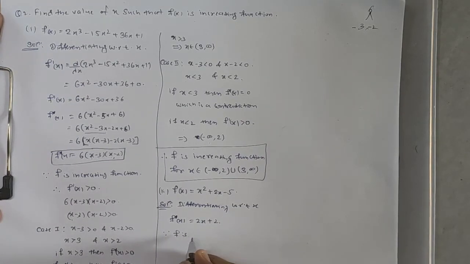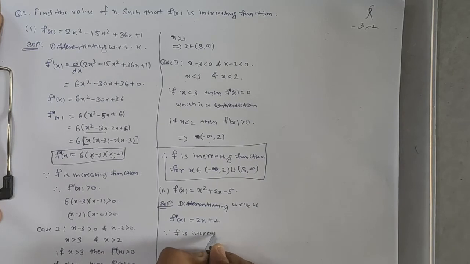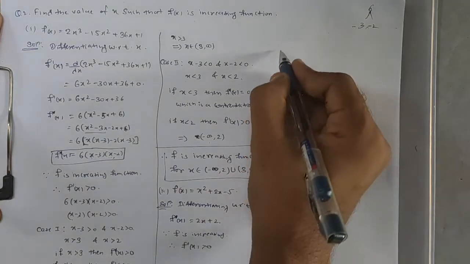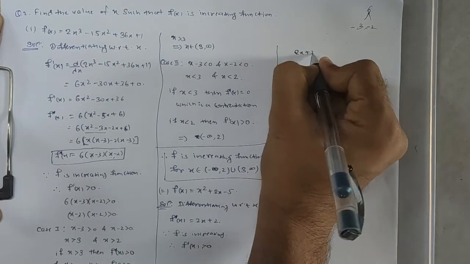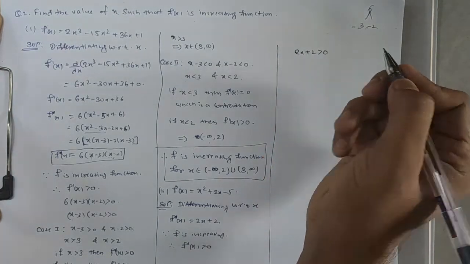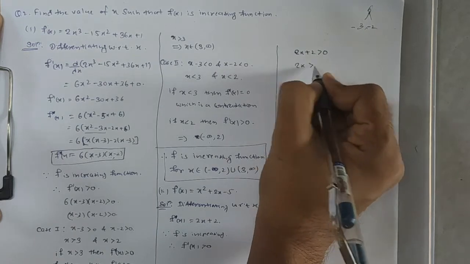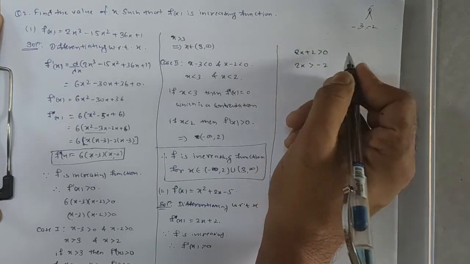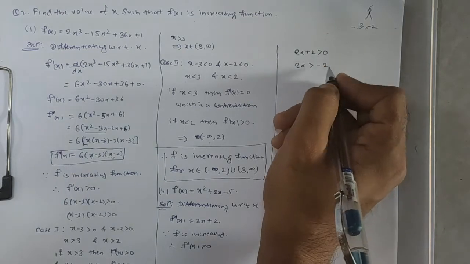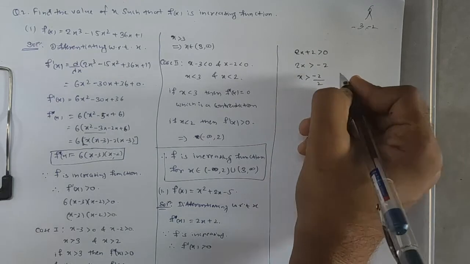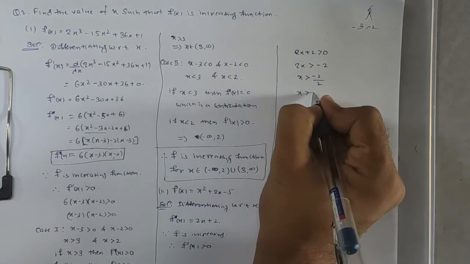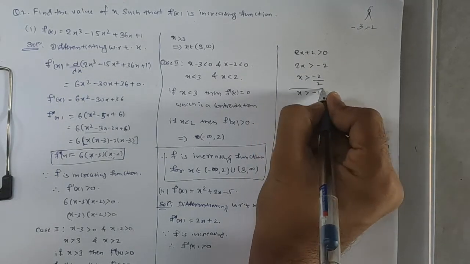Now since f is increasing, therefore f dash of x should be greater than 0. That means 2x plus 2 would be greater than 0. So 2x is greater than minus 2, taking 2 to the right hand side. So x should be greater than minus 2 by 2, which implies x is greater than minus 1.